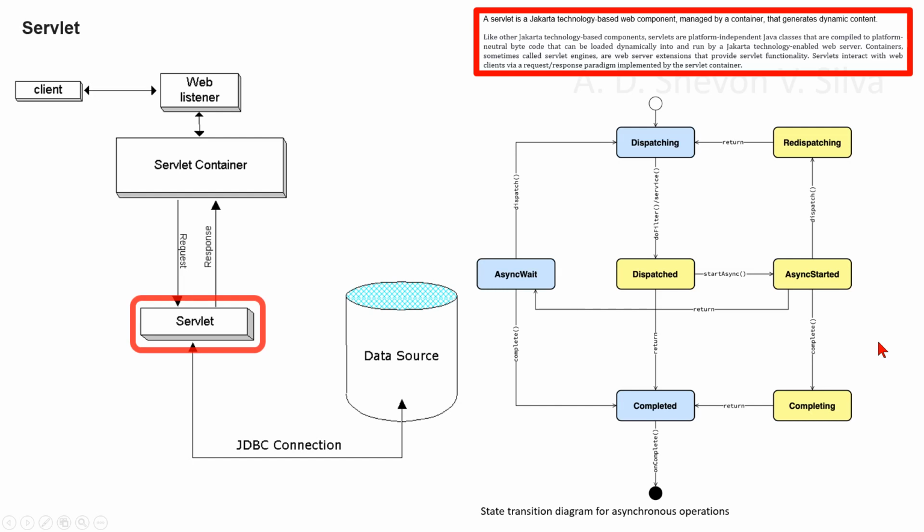The AsyncListener.onComplete notification should also be used by the filters as a mechanism to clean up resources that they have been holding on to for the async task to complete.